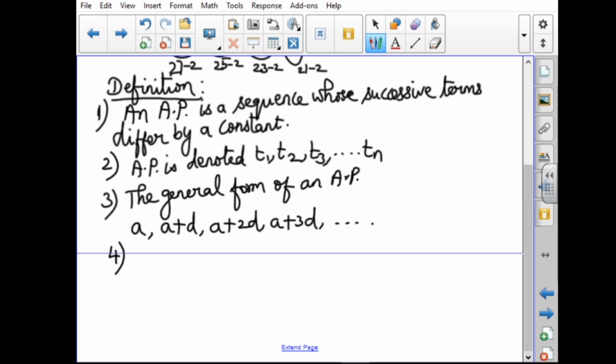It is the first term, denoted by T1. We can take it as A.